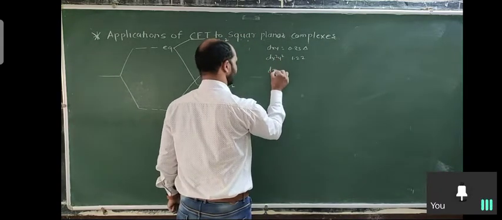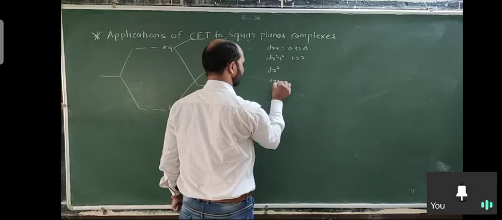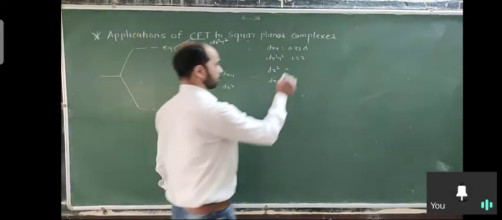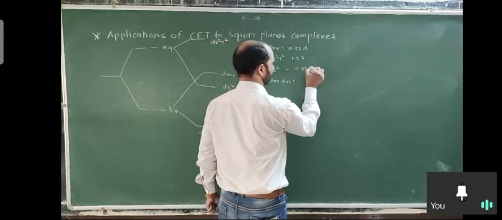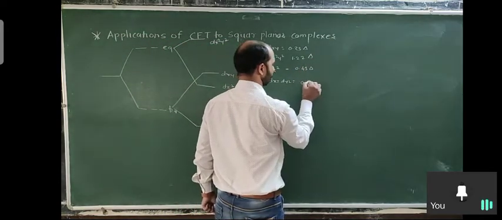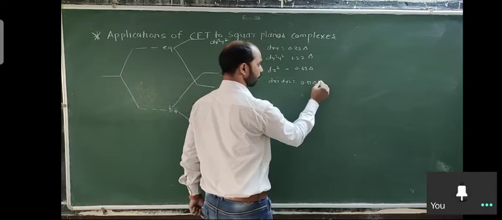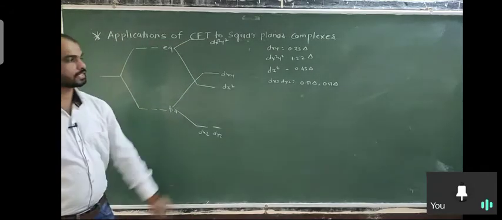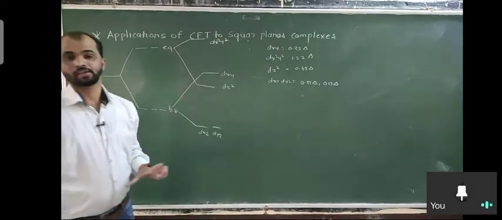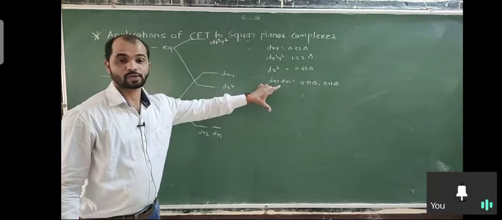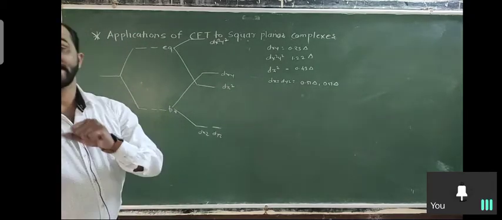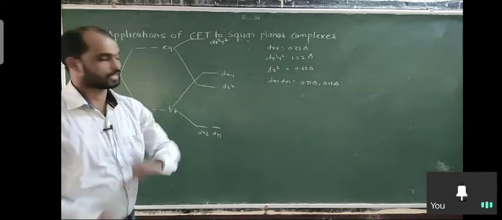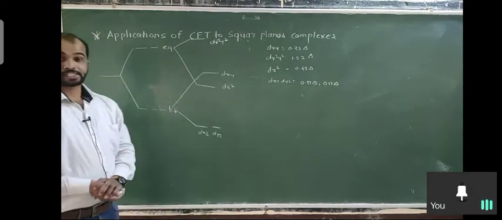Then for dz², dxz, dyz, dz² has 0.43 and here 0.51 for each. So for each orbital there is an energy given, and using this energy you can calculate the CFSE for any system in a strong field or in a weak field. Okay, so we can calculate the energies here.